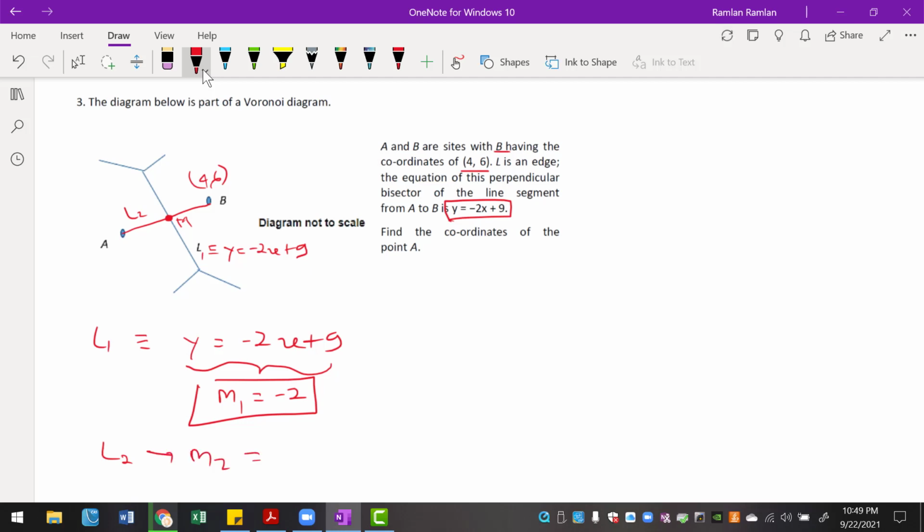Because the perpendicular bisector L1 is perpendicular to this line, remember, if M1 is equal to A over B, and the other line is perpendicular with a gradient of M2, then M2 is going to be minus B over A. You just swap the A and B, and if one is positive the other will be negative.